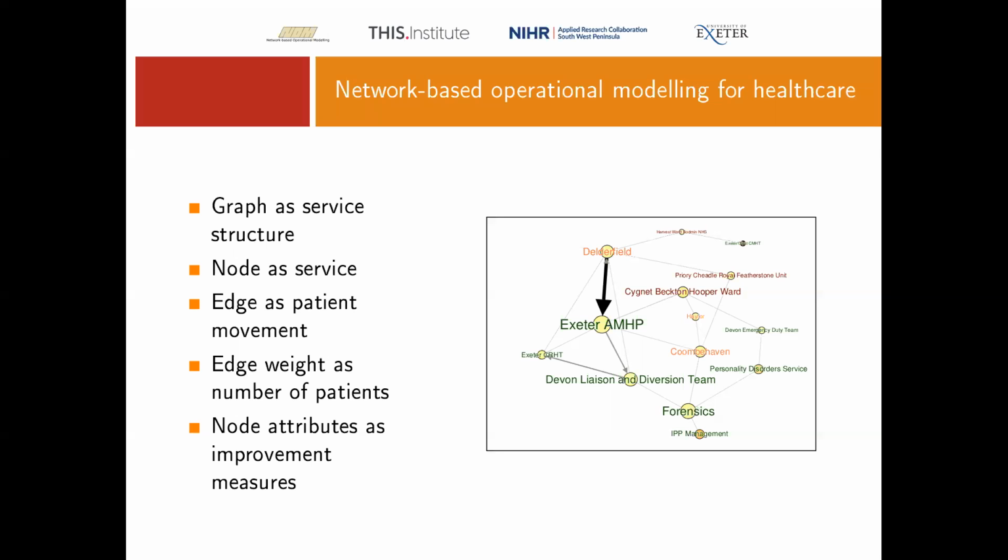We can use a graph measure like centrality, so the connectedness of one service to the other services and how central it is within the graph. We can embed lots of different information within these nodes, which makes them very useful for tracking and understanding the operations, because we can put operational measures within the nodes themselves.